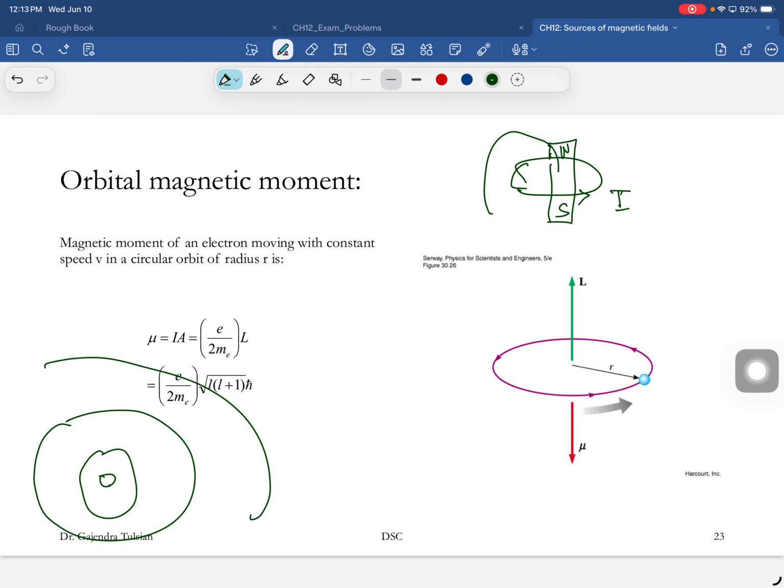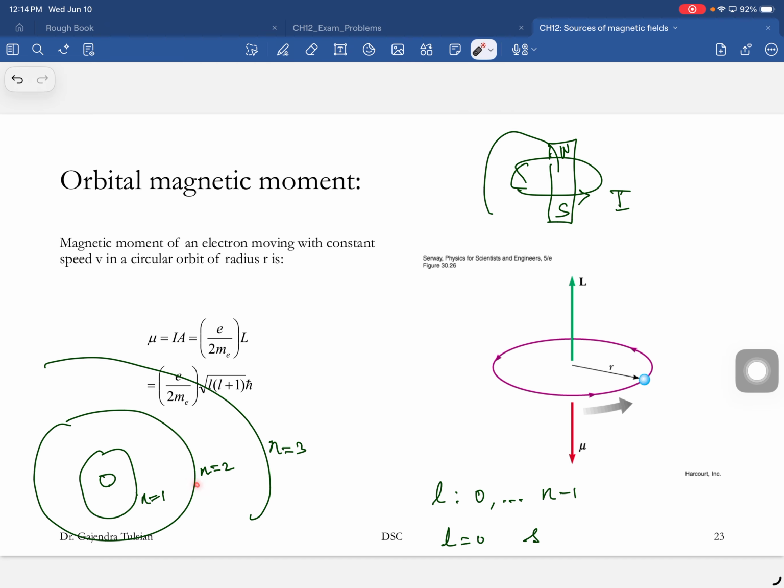Here's the nucleus. This is the n equal to 1 orbital, this is n equal to 2 orbitals, this is n equal to 3 orbitals. Each of these has sublevels where L can take different values, from 0 to n minus 1. So in this level, you can only have L equal to 0, which is called the s orbital.